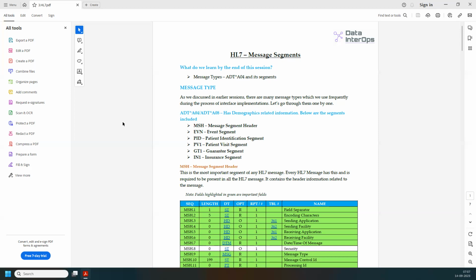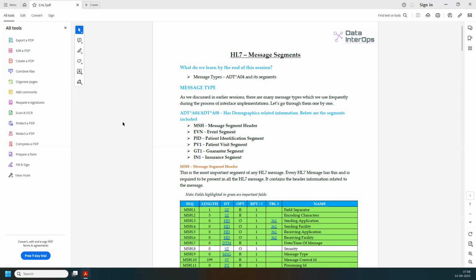Being an HL7 analyst, you need to be aware of the most commonly used message types and the structure of those message types. You also need to memorize a few of the fields which are part of these structures. As part of that journey, we will take a look at the most frequently used 6 to 7 message types during our next 5, 6 sessions.